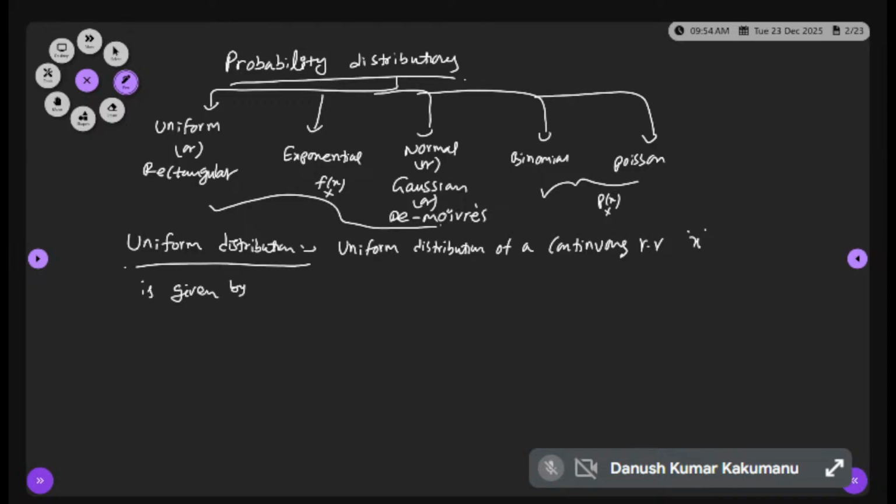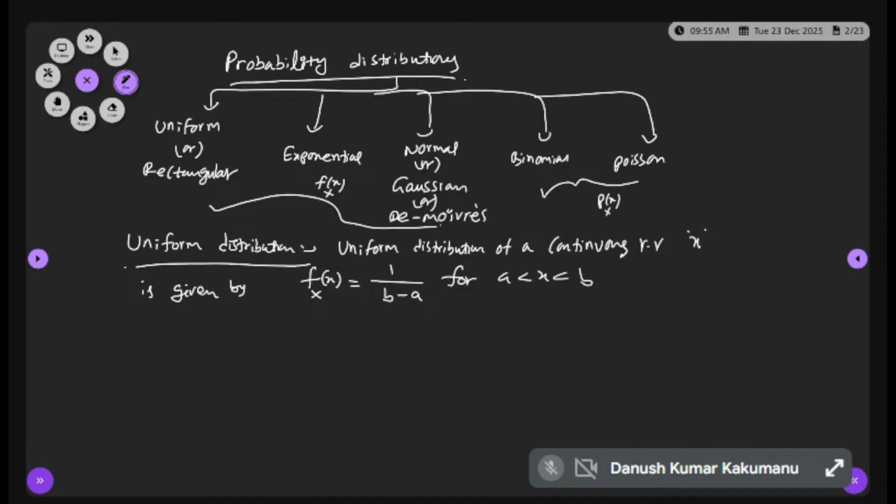Uniform distribution of a continuous random variable x is given by f of x is equal to 1 by b minus a, for a less than x less than b.